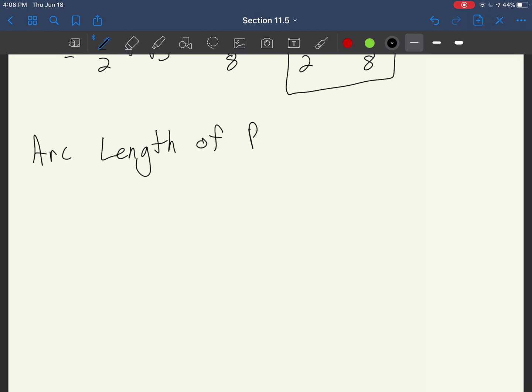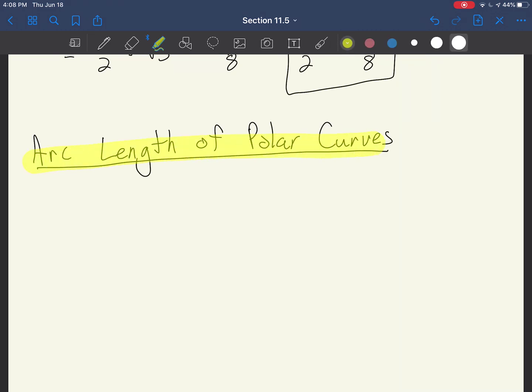Okay, last definition of the course, or theorem, or formula. We have the arc length of polar coordinates.